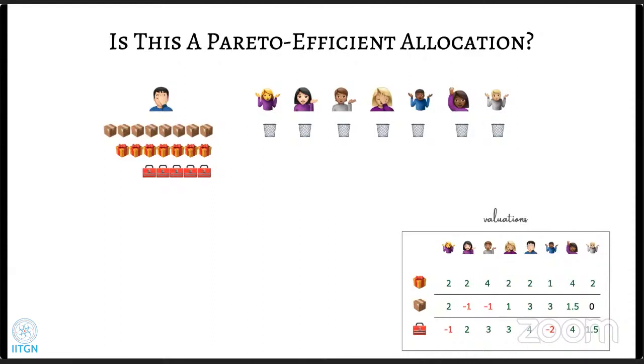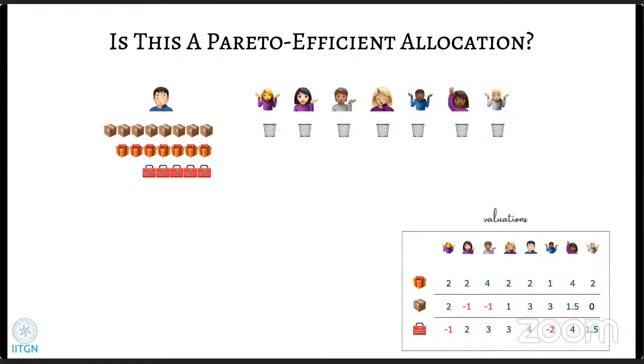Yes. Right. It is a Pareto efficient allocation, and the reason for that is that the person who's gotten everything does have a strictly positive utility for all the items that he has. So in any other allocation that's different from this one, notice that every item has been allocated to this one person. If you had to move to a distinct allocation, you would have to take something away from this guy, because if you don't, then you wind up at the same place since you don't have anything left to give to the other people.